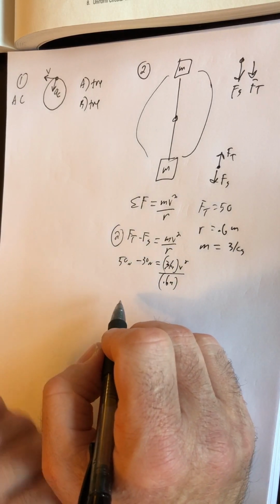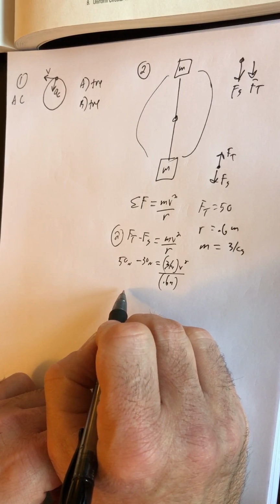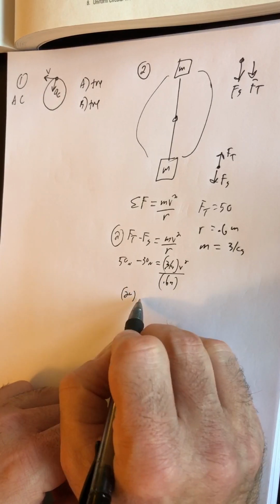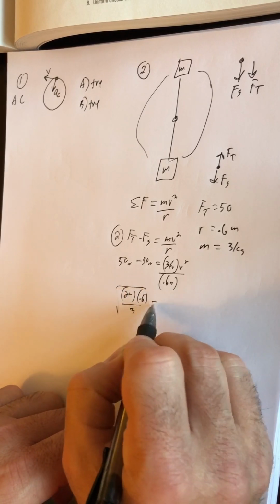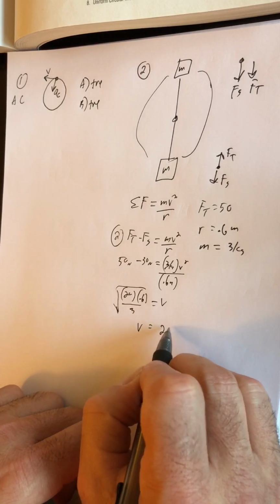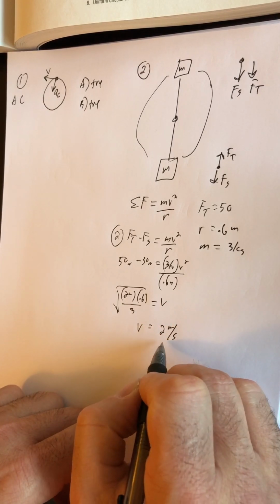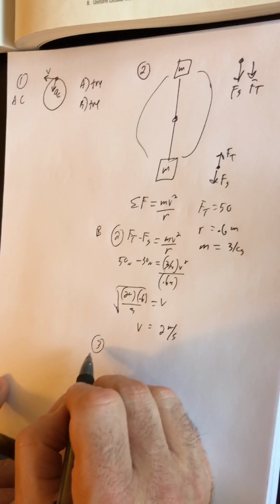So I get 20 times 0.6 over 3, take the square root of that. And so v comes out to be 2 meters per second. So that's B.